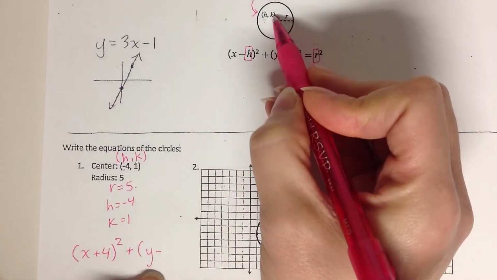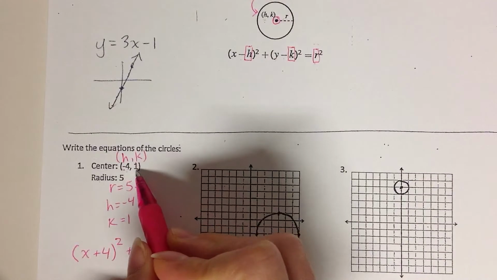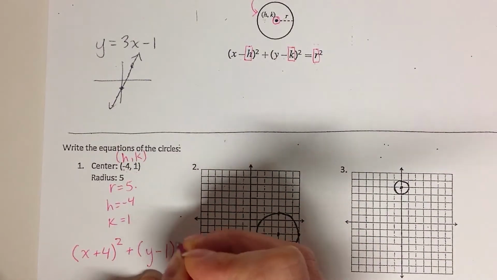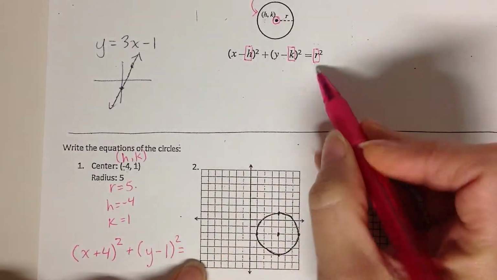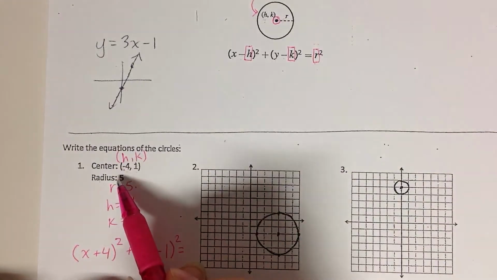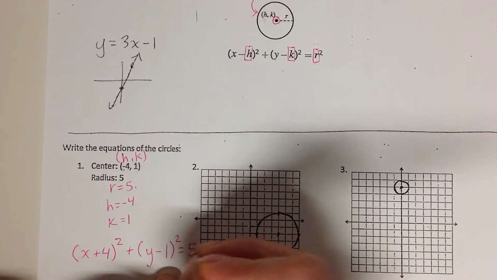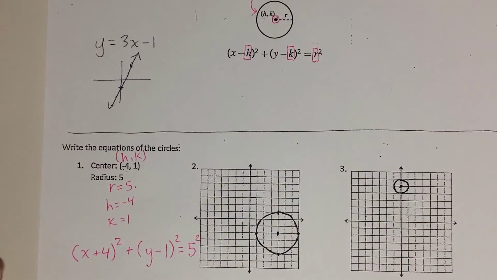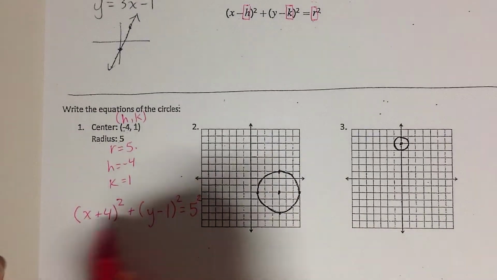Okay, so y minus k. So again, k is going to be the y one. I have to change the sign. So minus y. Now what goes over here? Radius squared. They told me the radius was 5, so I can put 5 in there. Radius 5 squared. Alright, now an answer could actually look like that.